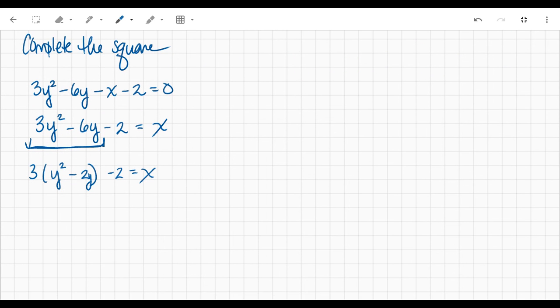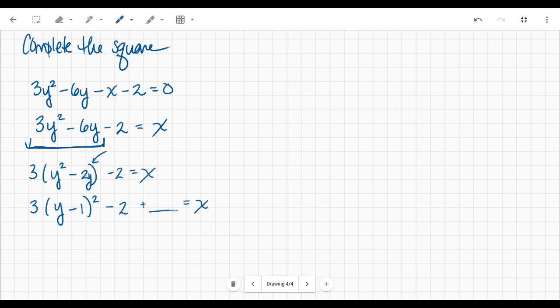Then remember, we split that middle term. We rewrite it as 3 times (y minus 1 squared) minus 2 equals x. We're going to have to balance something out here. Again, remember you take half of that negative 2y.